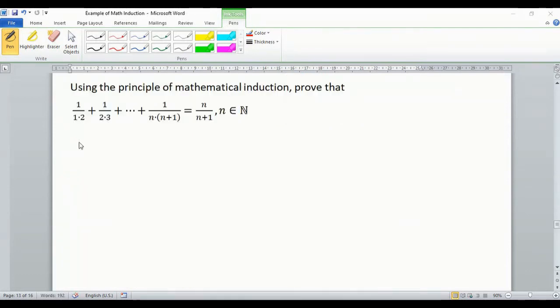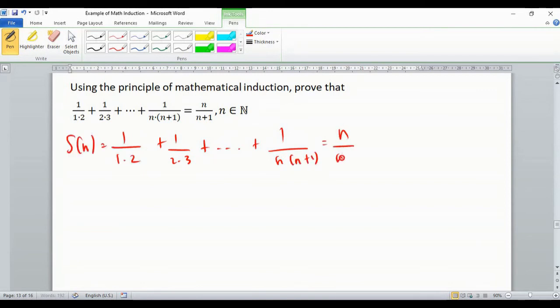Okay. Use the principle of mathematical induction to prove that 1 over 2, 1 over 6, and so on, until 1 over n times (n plus 1), equals n over (n plus 1), n an element of the natural numbers. So from here we can write S(n) equals 1 over 1 times 2 plus 1 over 2 times 3 plus dot dot dot until 1 over n times (n plus 1), equals n over (n plus 1).